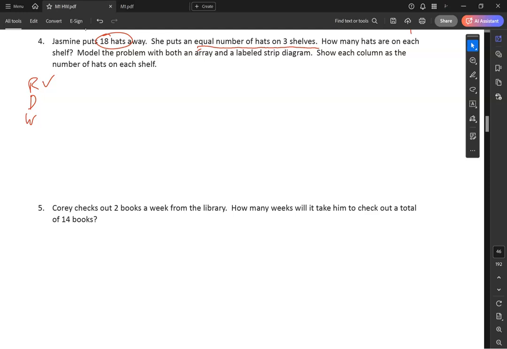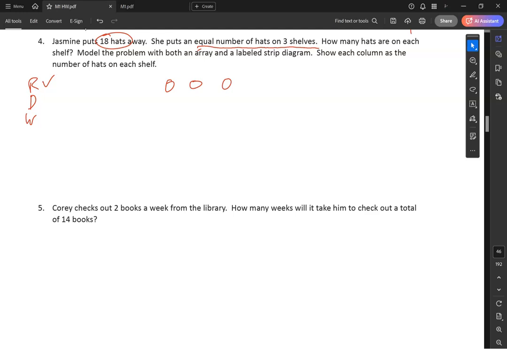So we're going to make 3 columns. We're going to make 3 groups. And in each group, we're going to put 1 until we get to 18. But we also know they're counting by 3s, so we can also count by 3s.